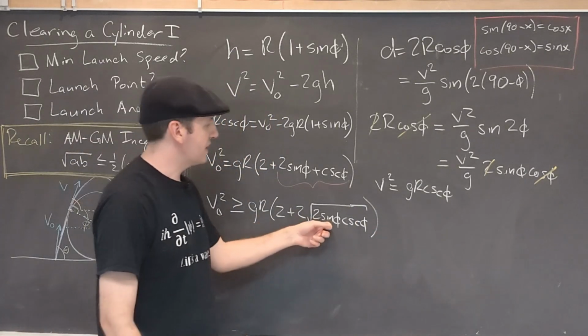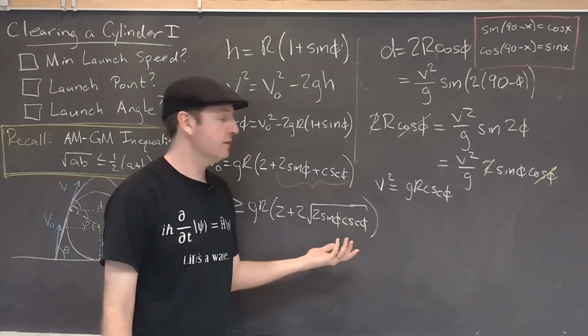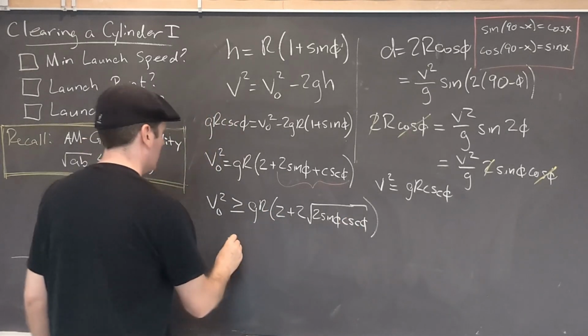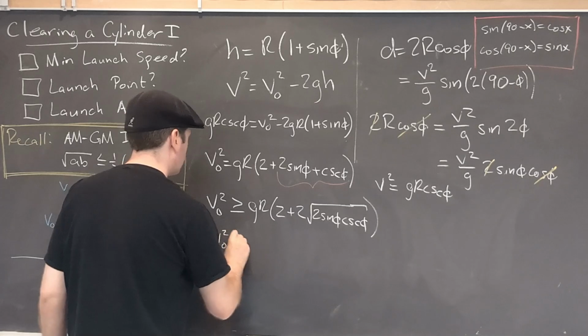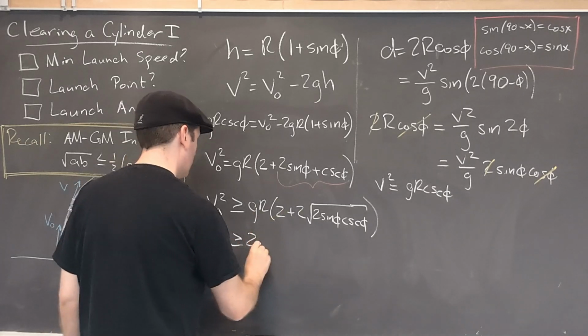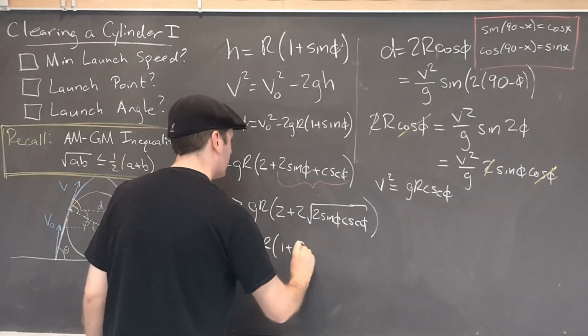But look, sine phi times cosecant phi is 1. I can pull out a 2. So v naught squared is greater than or equal to 2gr times 1 plus root 2.